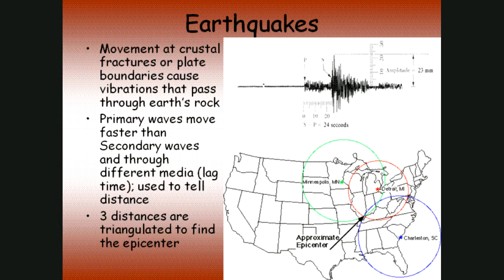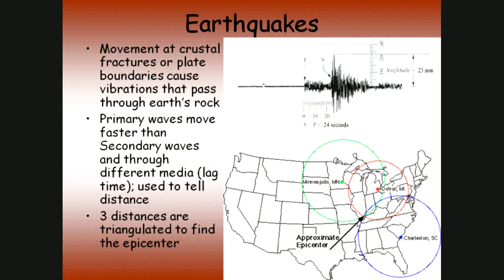So we draw a circle around that recording station with a radius of the distance that we just determined. And two other stations at different distances from the earthquake will also record the arrival of P and S waves. And because the distance is different, the time will be different. So because of that different time, they will calculate a different distance.